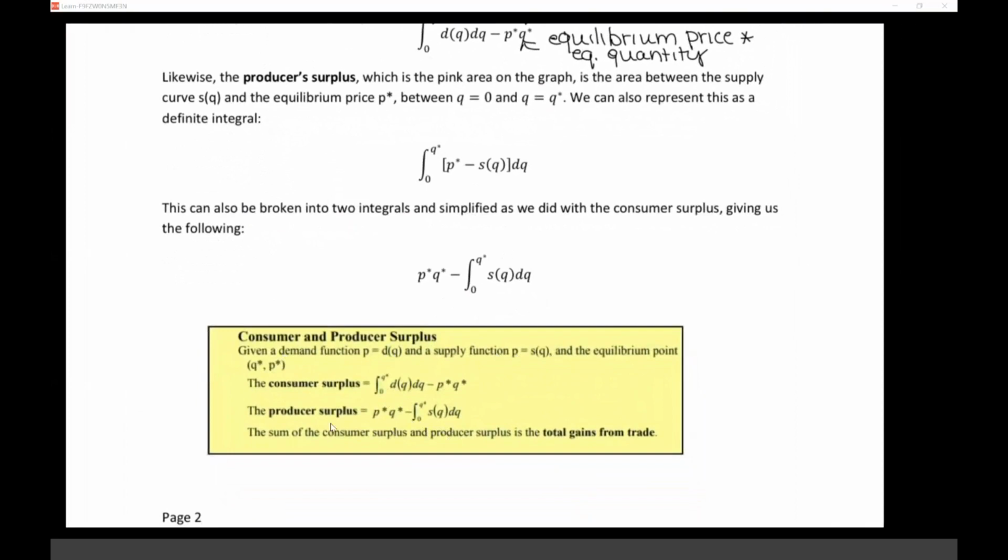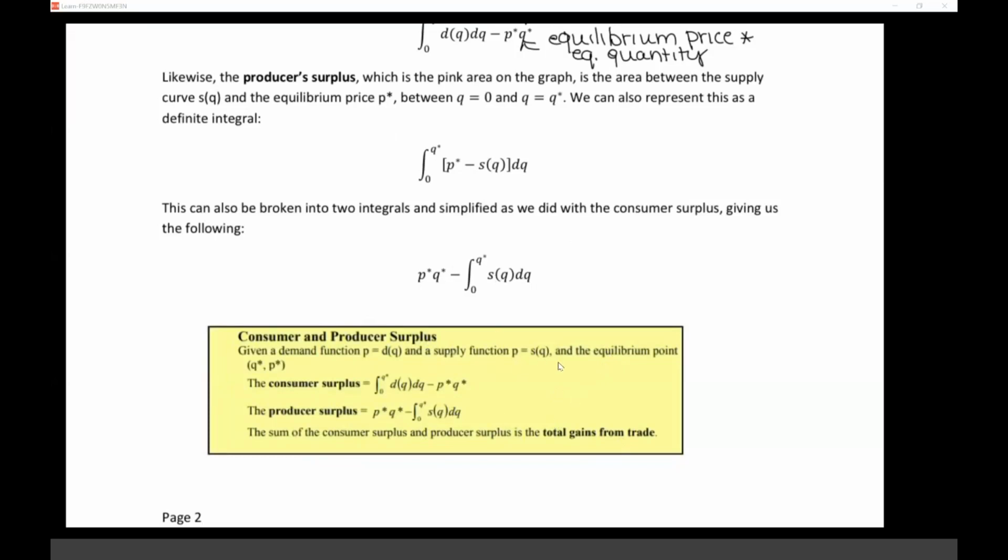If you add these two together, you get something called the total gains from trade. So again, it's what everybody saves by trading at equilibrium price. This yellow box is just a summary of all of the work that we've done up to this point, just so people can see it all in one place.